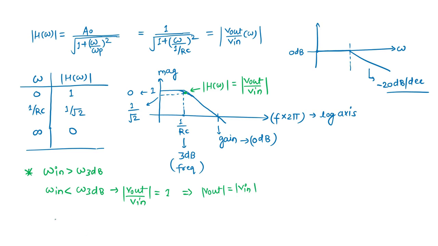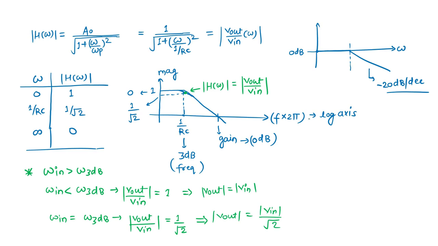That's it. What will happen at omega equal to omega 3 dB? The transfer function, my output by input's magnitude, will be 1 by root 2. So my output magnitude is nothing but input's magnitude by root 2.